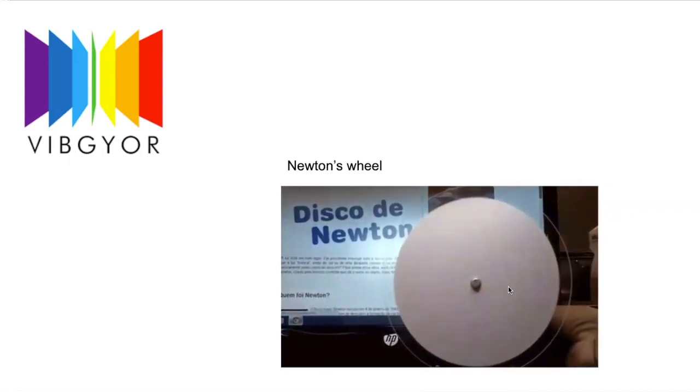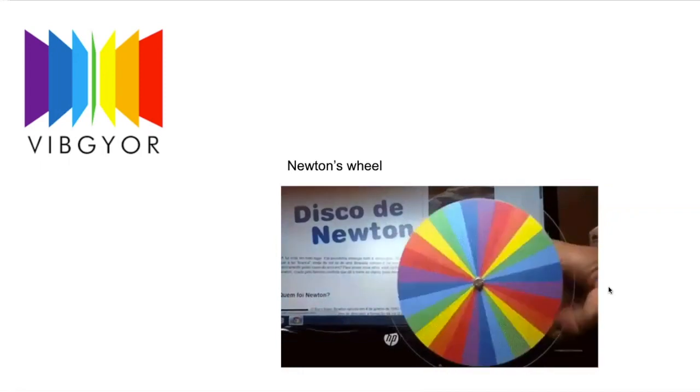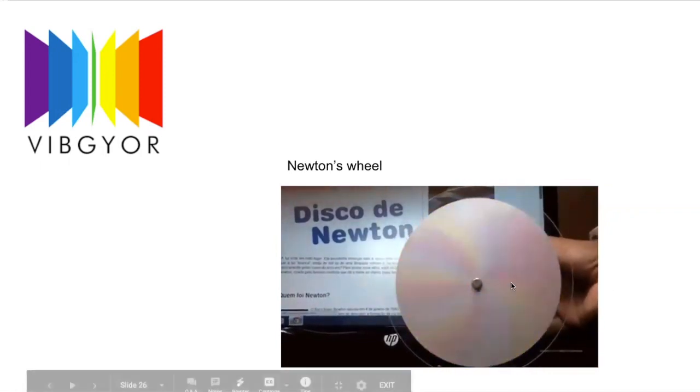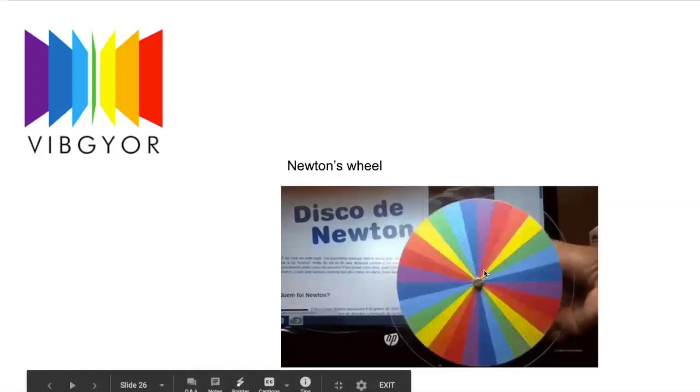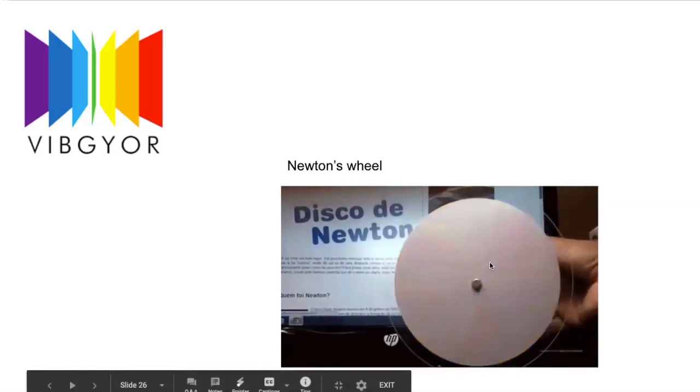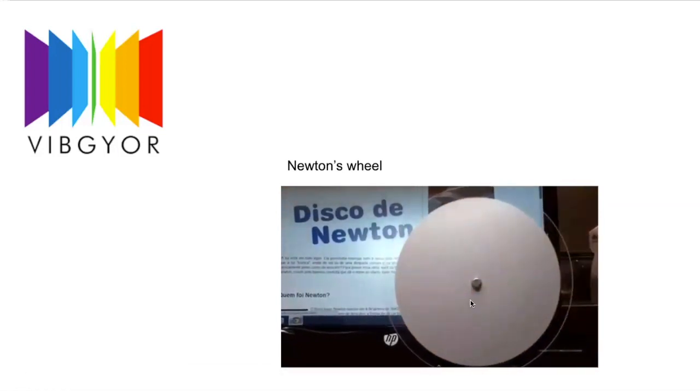It is just rotating. What is happening here is, because it is rotating so fast, we feel like all the colors are coming to the eye at the same time. Wait, I'll show you. I can't pause this, I think. See, here yellow was there, and beside that red was there.